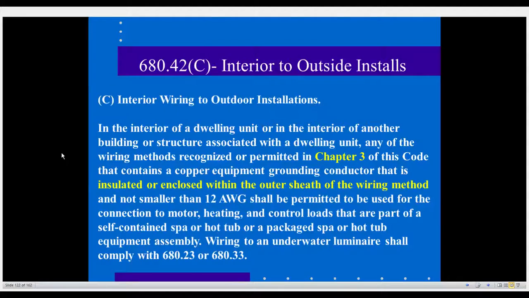Okay. Now, what about if I'm running wiring from the inside of a building, from a dwelling unit, out to a spa or hot tub? What kind of wiring methods can I use here?